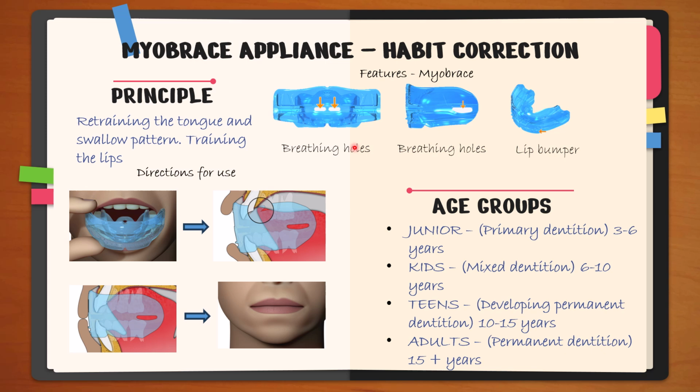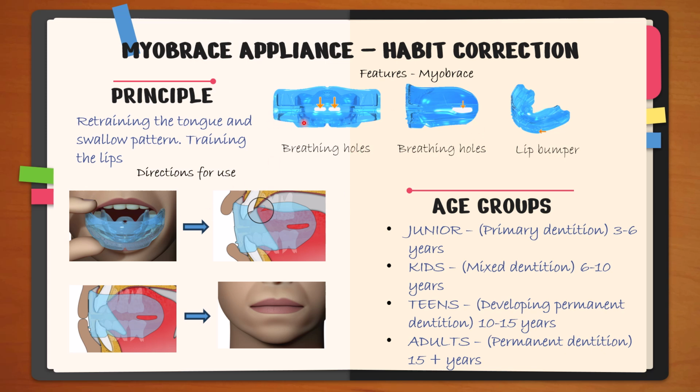Different sizes, small, medium, and large, are available. It is basically a thermoplastic material which can be inserted in the mouth and should be worn actively for 1 hour and during sleep. This will reduce the habit progressively.